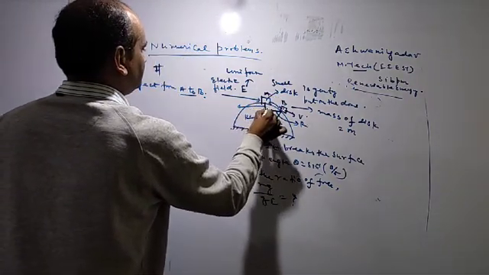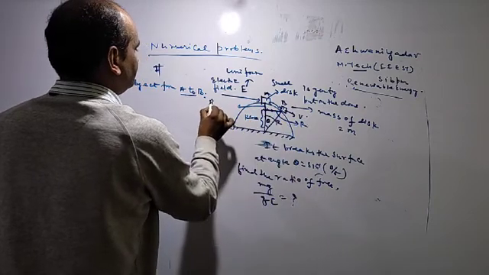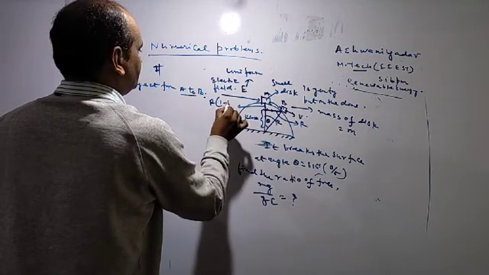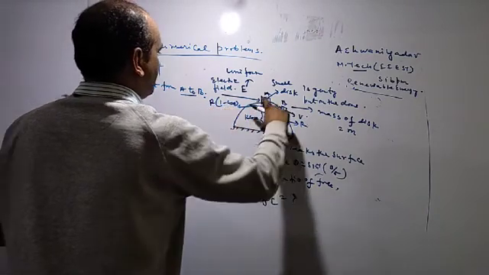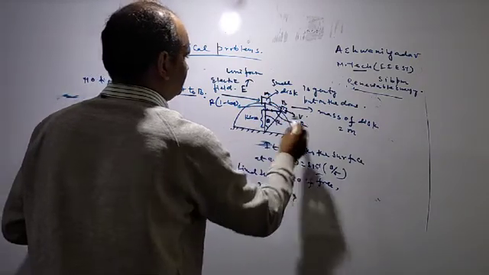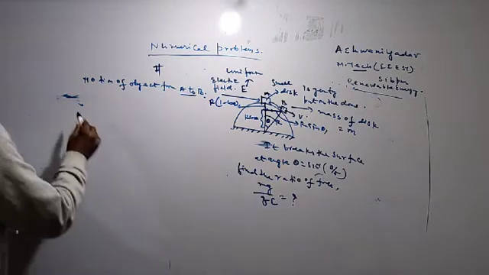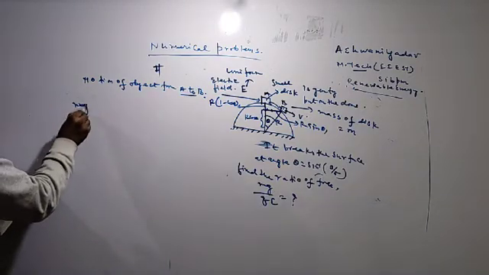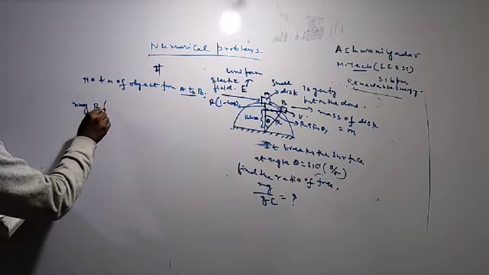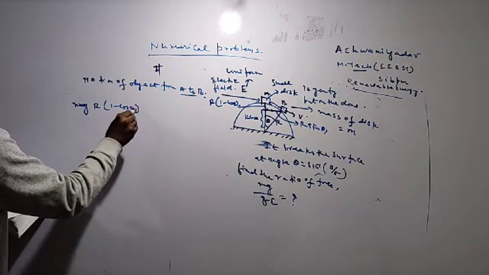This distance is responsible for work done by gravity. This is nothing but r into 1 minus cos theta, r minus r cos theta, and this is r sin theta. Well, so work done by gravity, what will it be? This is work, force and displacement, plus.